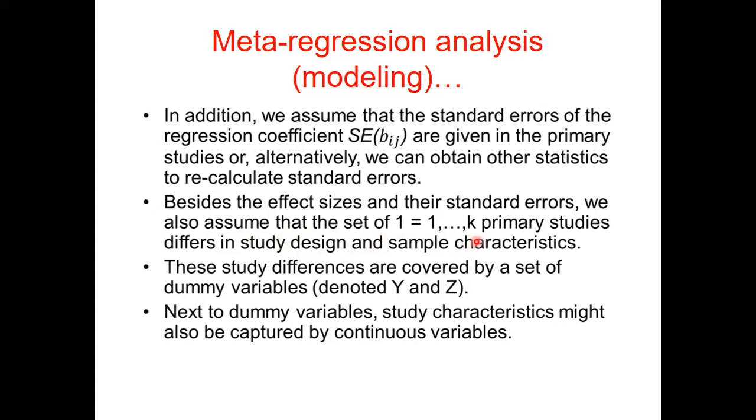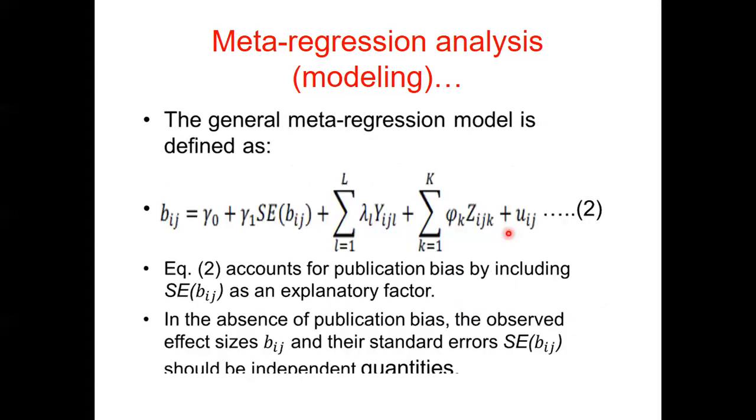There's what we call differences of studies in study design and sample characteristics. Those are denoted by Y and Z. So coming back here, these will stand for study design, yes? And these will stand for sample characteristics.